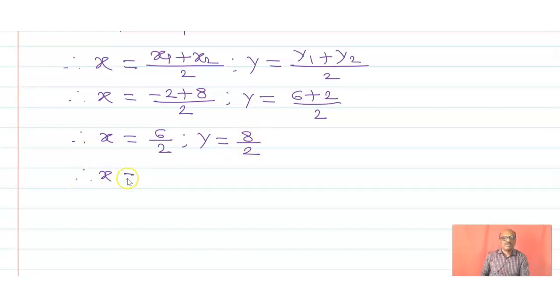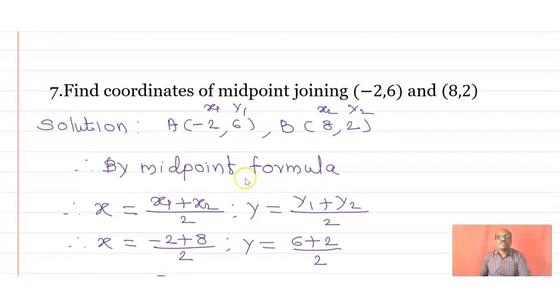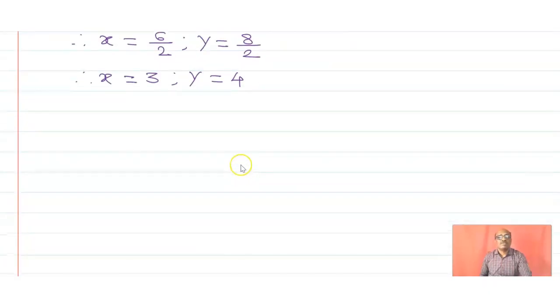Therefore, x is equal to 3 and y is equal to 4. Okay. Therefore, the midpoint, if you add it, is 3 and 4.